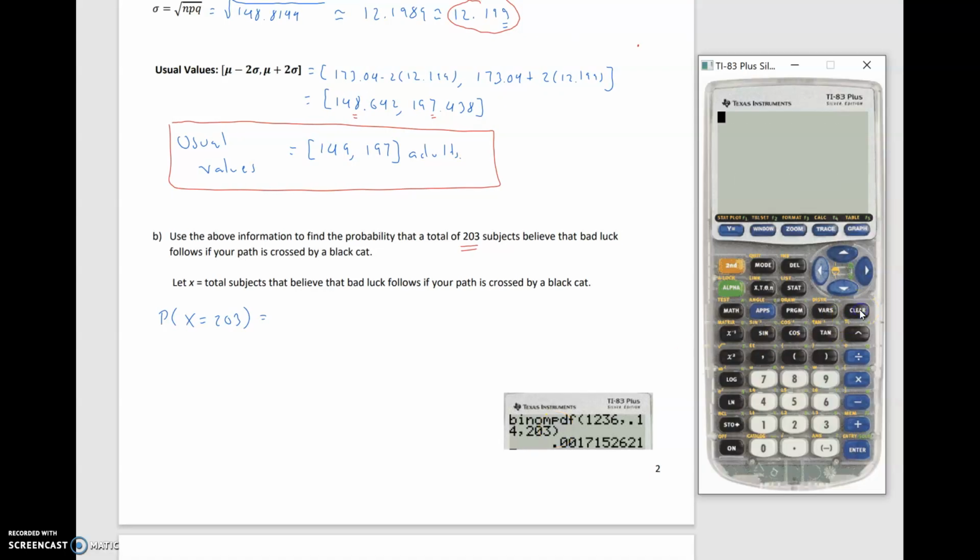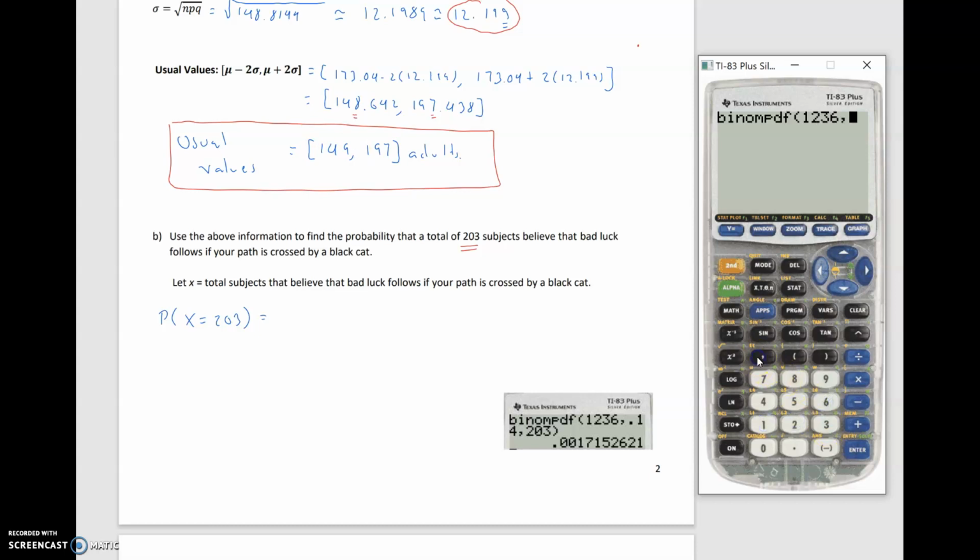Okay, so let me show you the commands. You're going to go to second and distribution. And because this one is an equals, you're going to be using the actual Binomial Pdf. In this case, Binomial Pdf is at the bottom. Yours may be a little bit different. This particular one uses the values of n, in this case 1236.